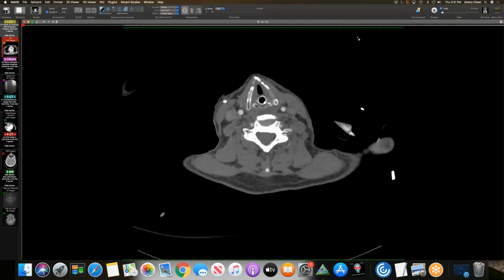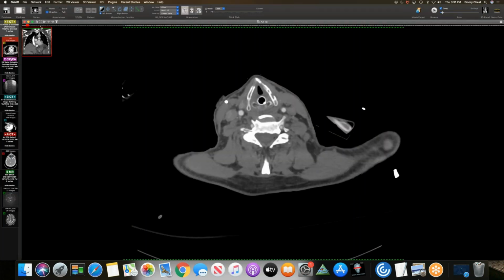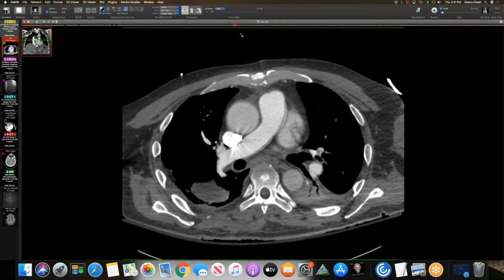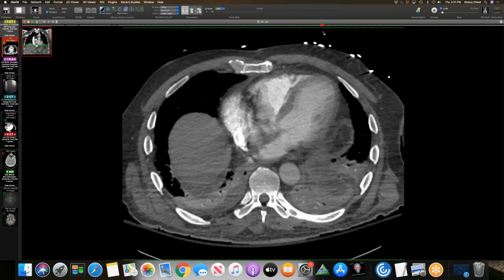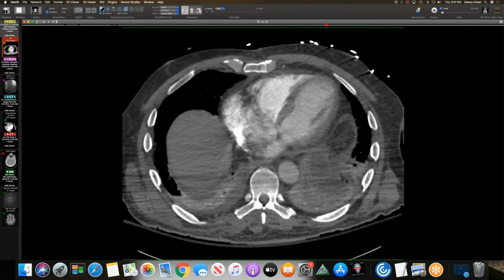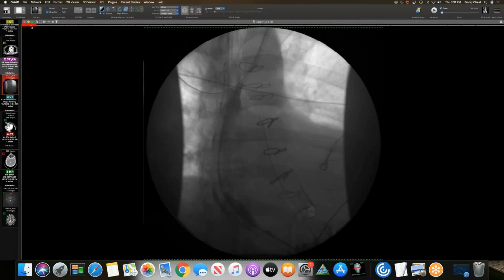And here's the post-op. The post-op's not that interesting, but you can just see right there's where they put the patch. So this is the repair, and then here's the swallow study post-op. There's no leak.